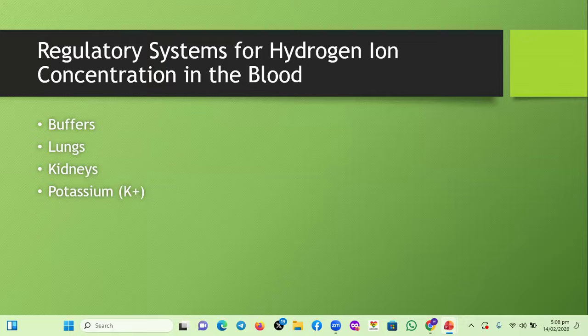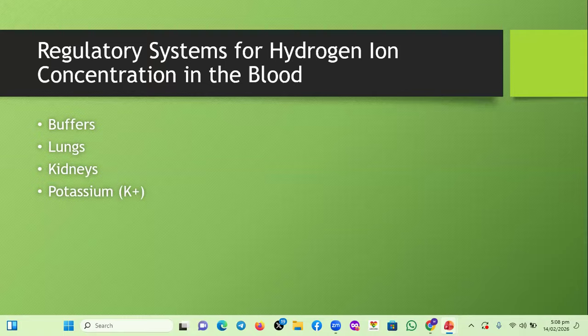So what potassium does is that it comes into the blood and pushes excess hydrogen ion into the cells, and that helps neutralize the body system in terms of the number of hydrogen ions in the body. So this is how lungs, kidneys, potassium, as well as buffer systems work to regulate acid and base imbalances in the body.